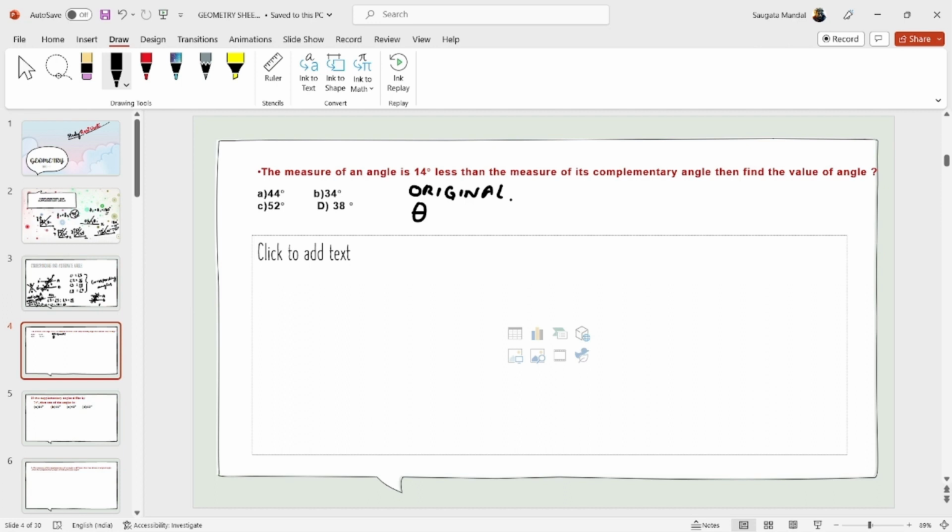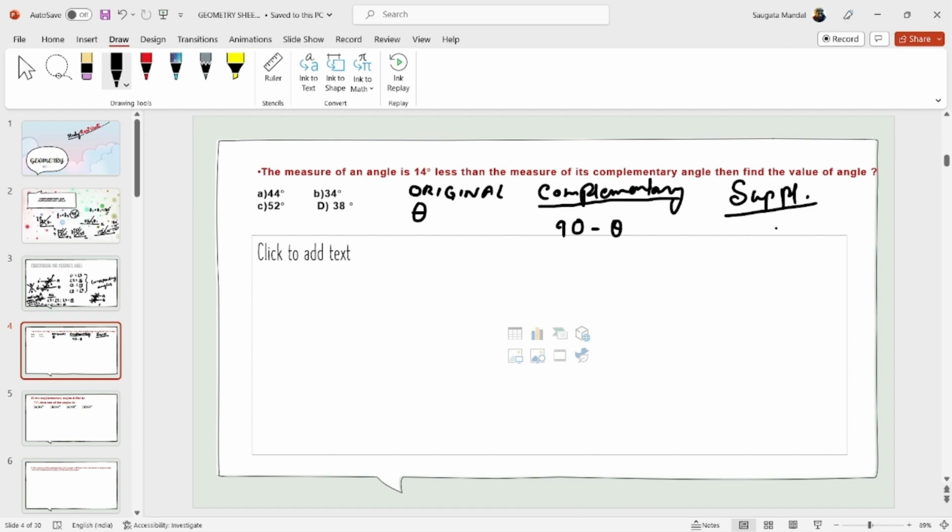Let the original angle be theta, then what is the complementary angle of theta? That must be 90 degrees minus theta. And what is the supplementary angle of theta?